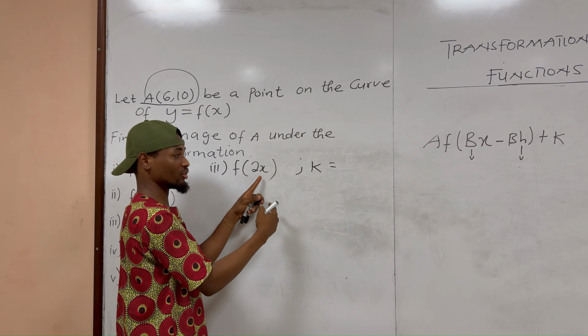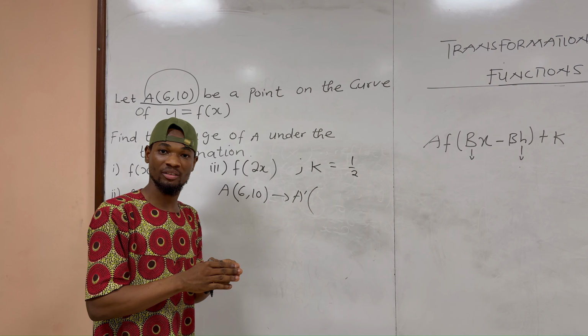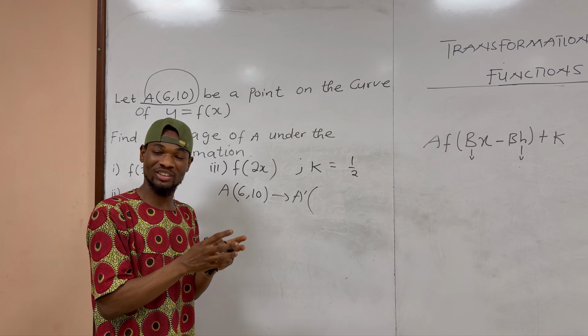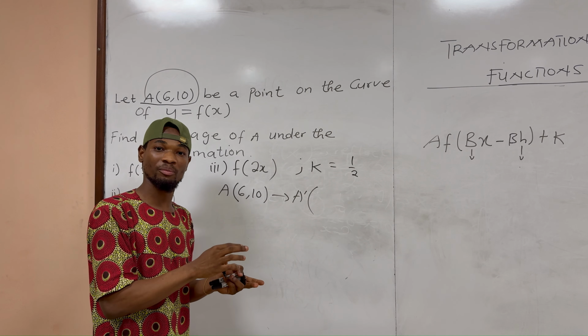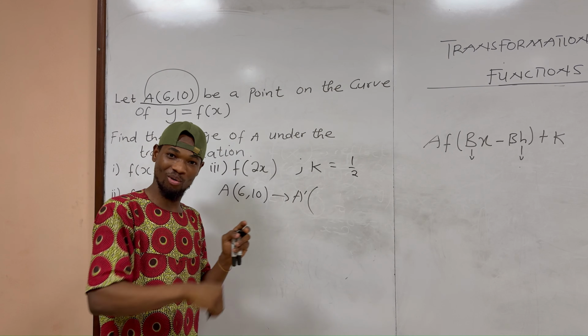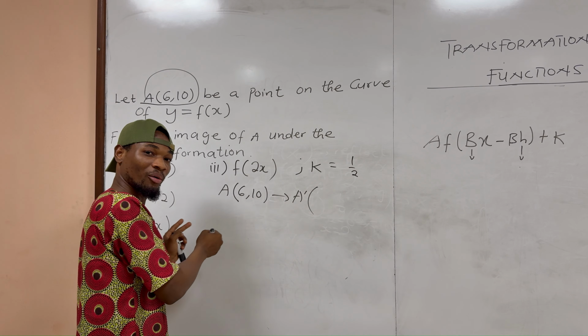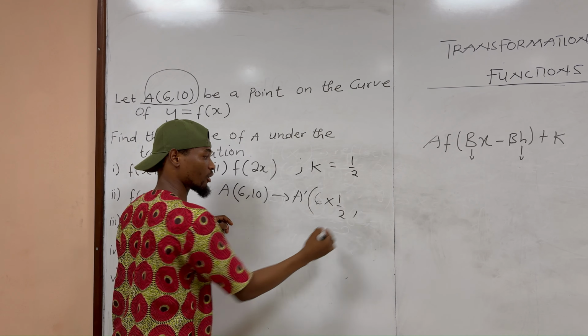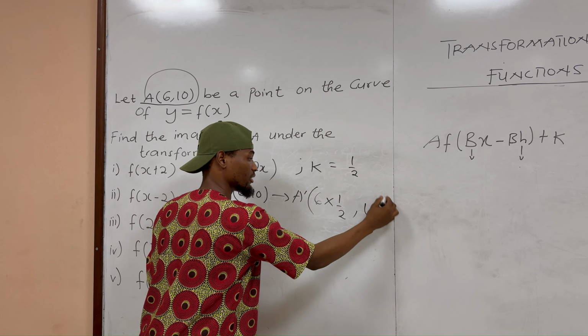And so whenever you hear vertical stretch, we are going to do multiplication, okay, and vertical shrinkage or vertical compression, we are going to do multiplication, okay, different from you moving upwards and downwards, or moving to the left, horizontal shift to the left, horizontal shift to the right, you just do addition and subtraction, all right. So this, I have my 6, and this is horizontal, so I have 6 times half, then comma, I'll maintain my y coordinate.